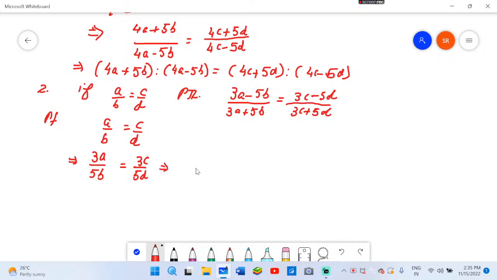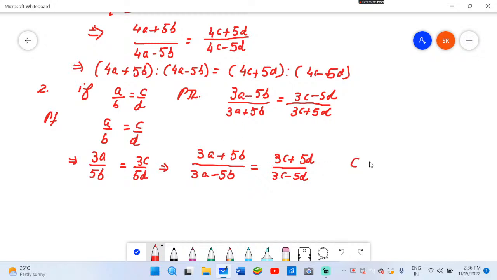So that gives me, on the top we have to add, 3A plus 5B, and here 3A minus 5B, equal to 3C plus 5D, and here 3C minus 5D. You see the result we have to prove contains the negative sign on the top side.